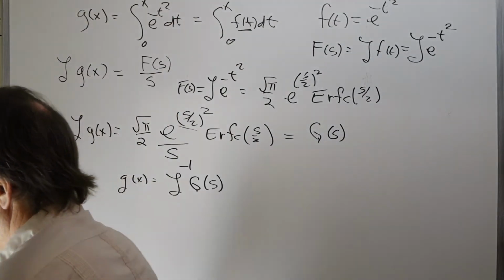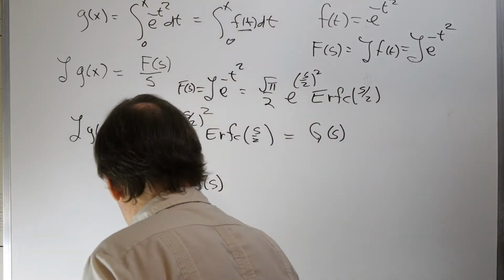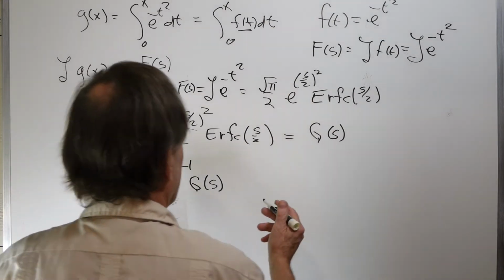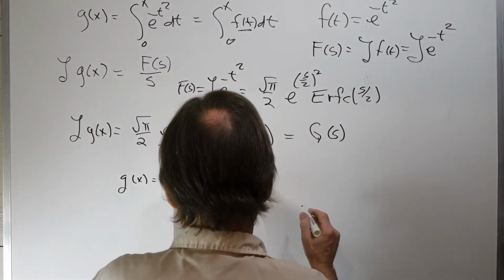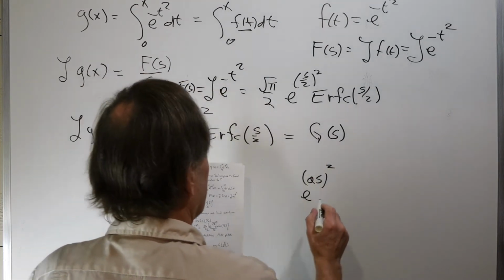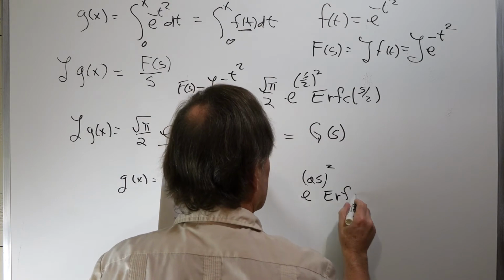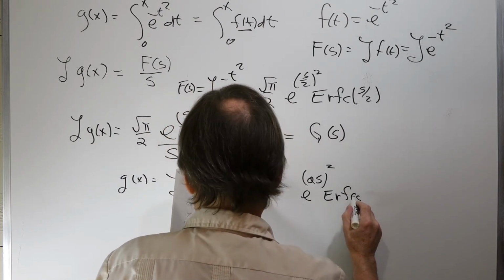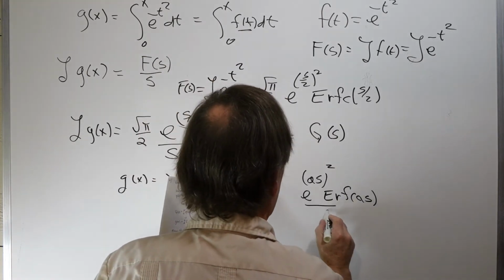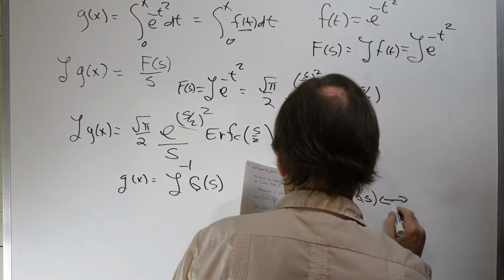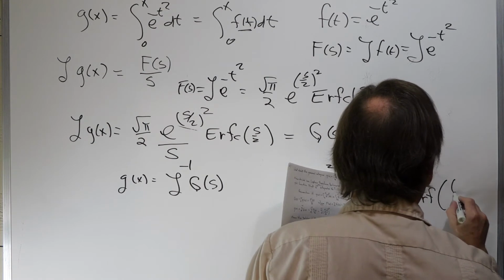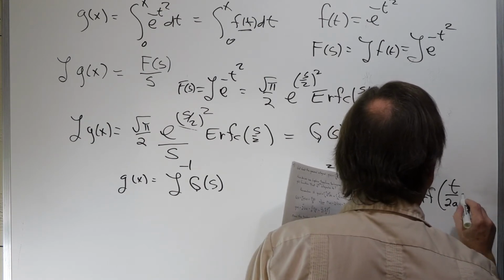So from the transform pair, what the book gives us is that e to the a squared s squared times the complementary error function of a s, divided by s, goes to the error function of t over 2a.